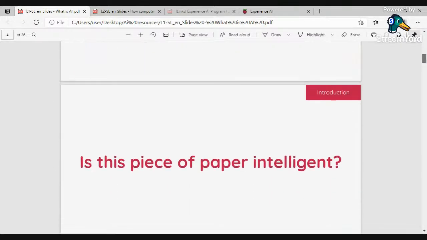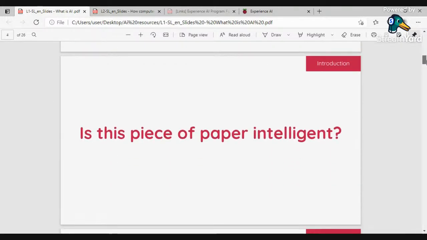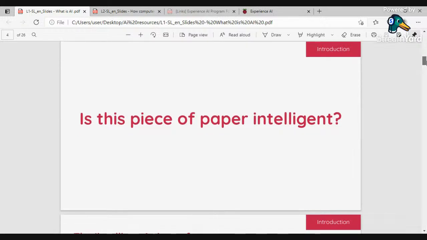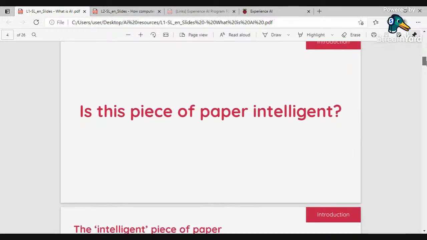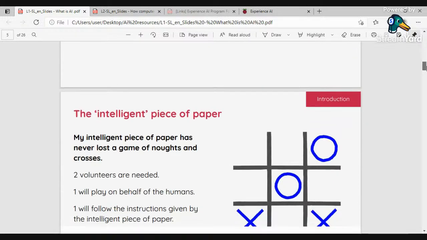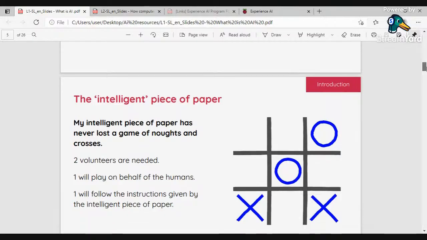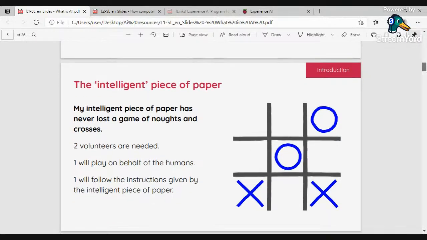You are to use this intelligent piece of paper sample to teach the students what intelligence is. My intelligent piece of paper has never lost a game of noughts and crosses.